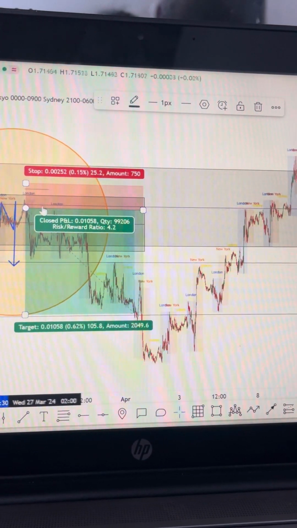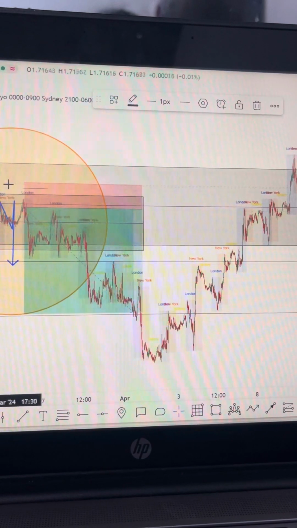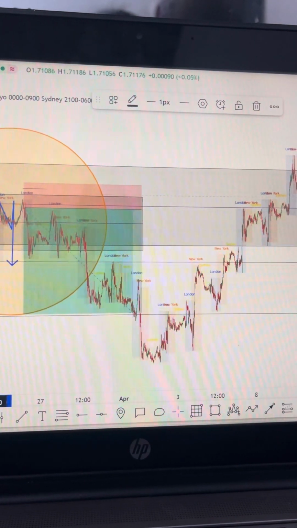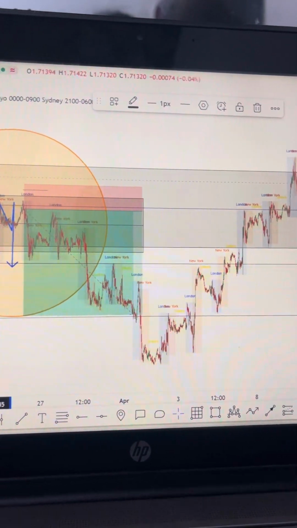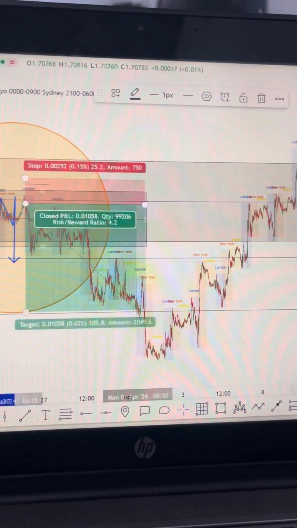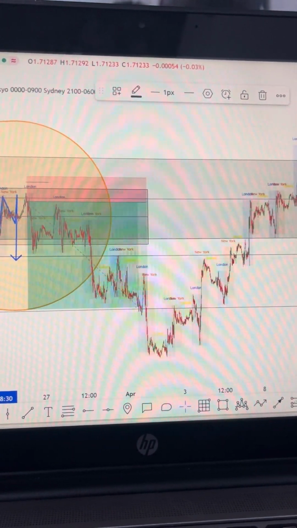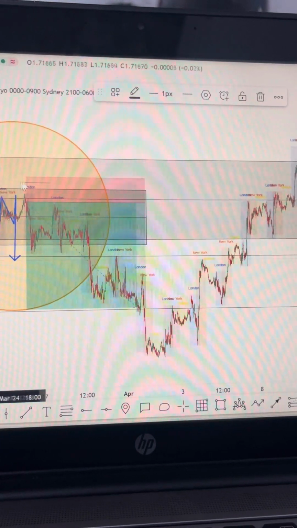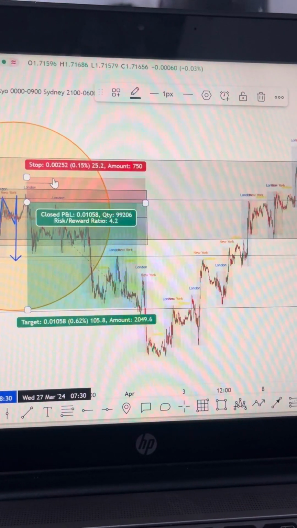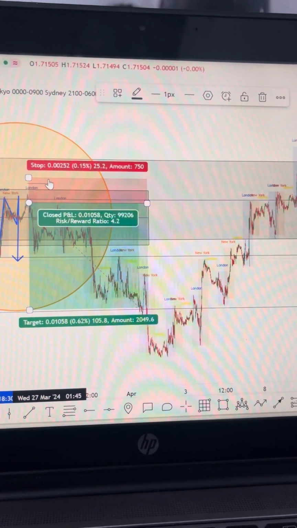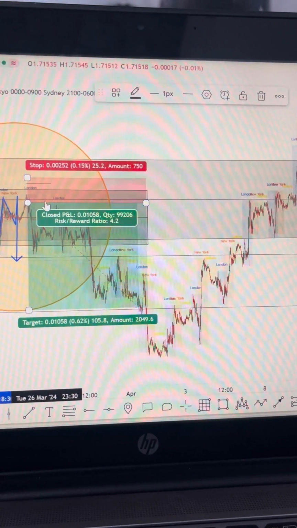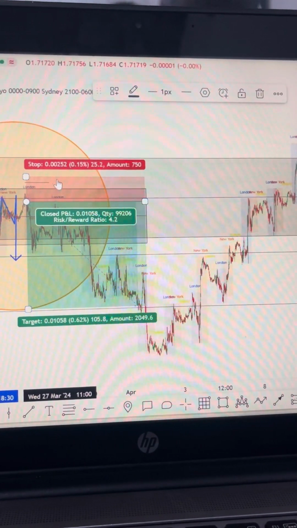And then what I did again was to adjust my stop loss. You see how my stop loss is this red line. Sorry, let me use this arrow. This red line is my stop loss. From here to here is what I'm risking in the market.